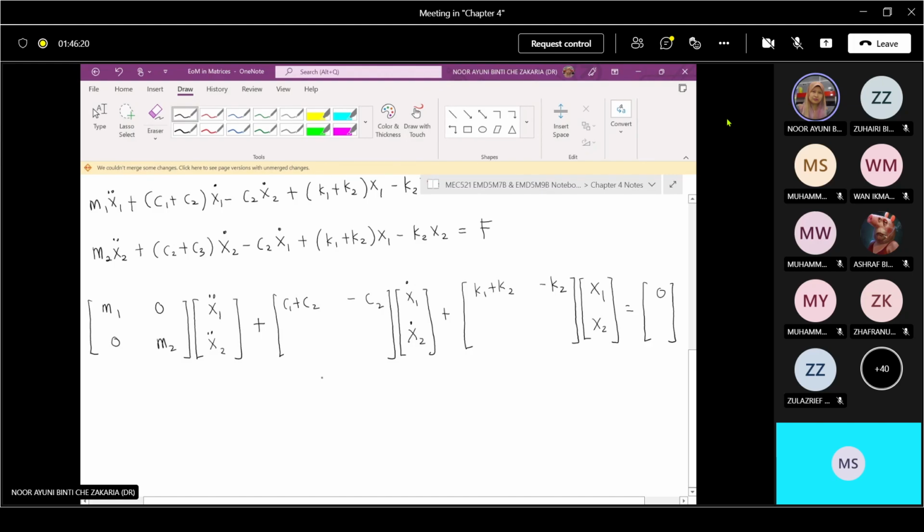For C, X1 negative C2 with C2 plus C3. Okay. This is wrong. Our equation of motion is wrong. I wrote the value wrongly. Okay, never mind, I'll write it here first. K1 plus K2, negative K2 with F.